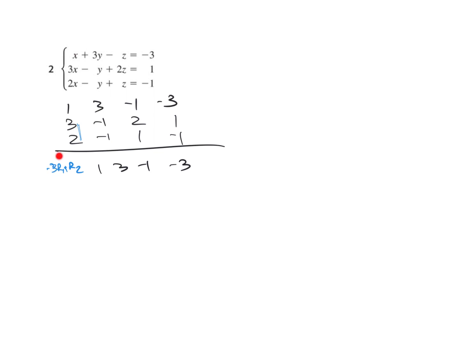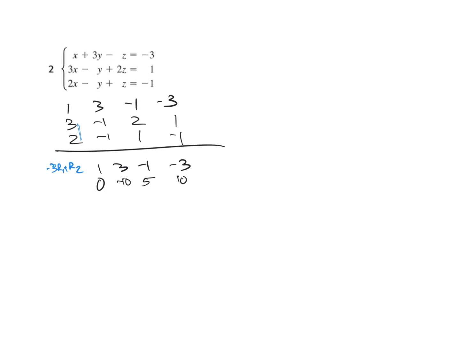So -3 times 1 is -3, plus 3 is 0. And -3 times 3 is -9, plus a -1 is -10. -3 times -1 is +3, plus 2 is 5. And -3 times -3 is +9, plus 1 is 10.